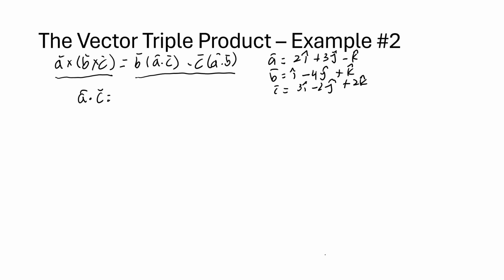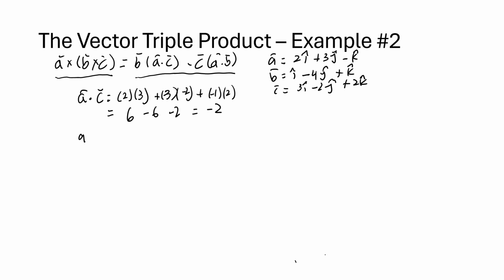So for A dot C, it's going to be 2 times 3, that's the i components, plus 3 times minus 2, and then plus a minus 1 times 2, which is going to give us a 6, a minus 6, and a minus 2, so that's a minus 2. So that's going to be A dot C.